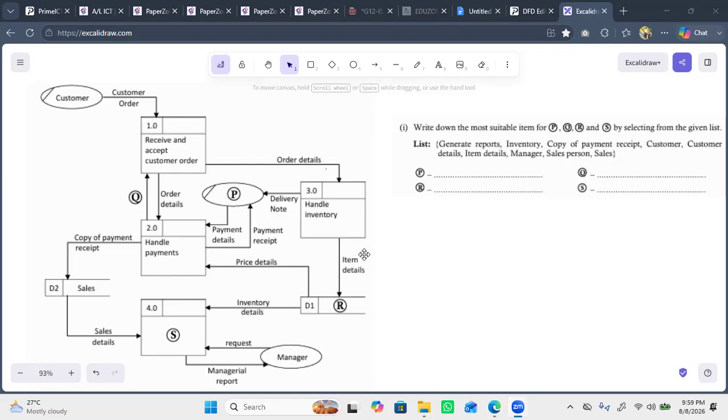Now we are expanding it. So data flows between external parties are still possible. Zuha, understood? Right. Find the PQRS. So shall I?